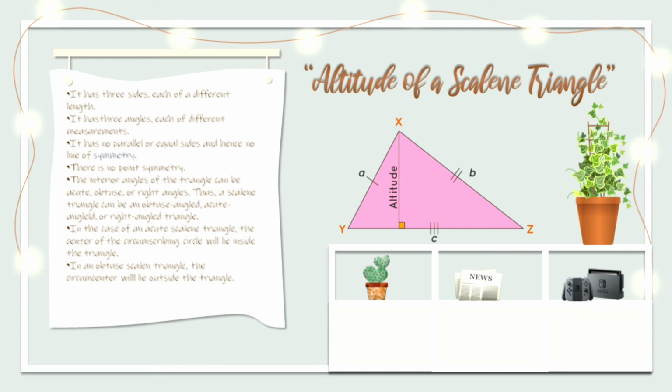Thus, a scalene triangle can be an obtuse angle, acute angle, or right angle triangle. The sixth is in the case of an acute scalene triangle, the center of the circumscribing circle will lie inside the triangle. And the last is in an obtuse scalene triangle, the circumcenter will lie outside the triangle.